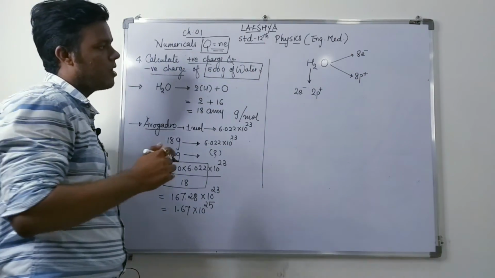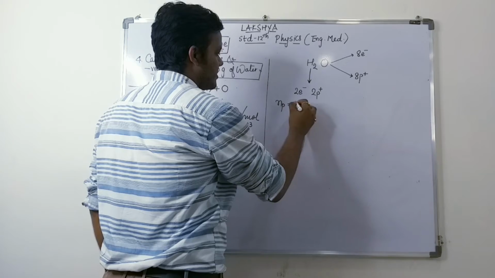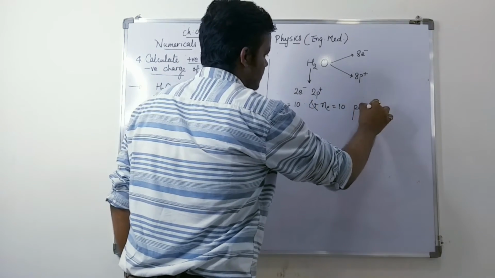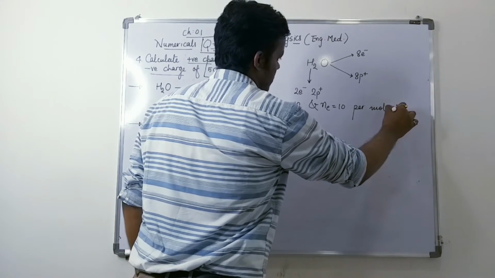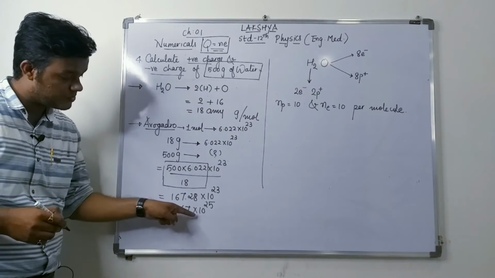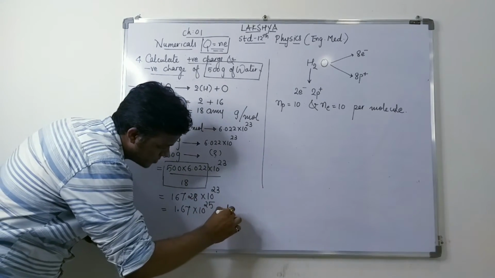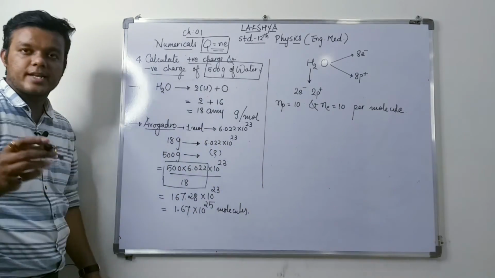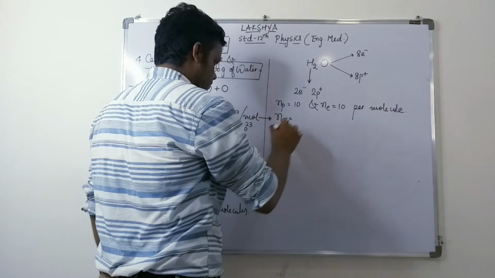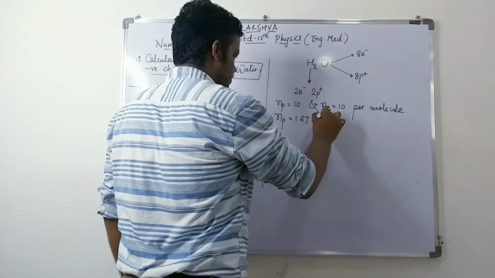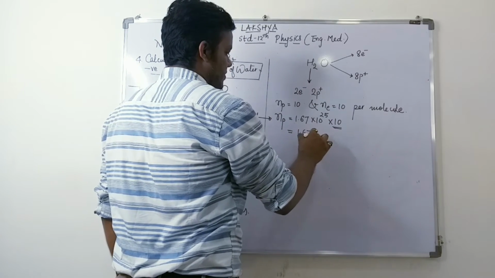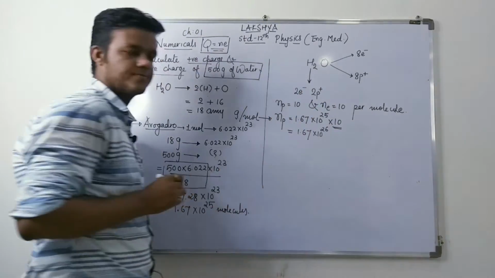So overall the number of protons will be 10 and the number of electrons will be 10 per molecule. Okay, now we have 1.67 into 10 raised to 25 molecules. So we can calculate the total number of protons, NP, which is 1.67 into 10 raised to 25 into 10. It will be 1.67 into 10 raised to 26.